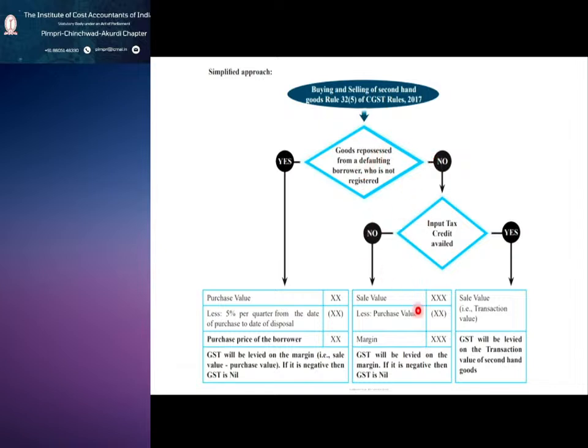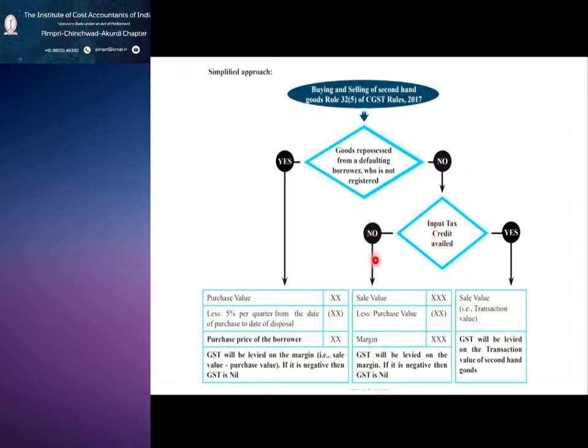Now you see just the concept slightly. The goods repossessed from a defaulting borrower who is not a registered person. In that case, if the person avails ITC, then sales value is the transaction value.